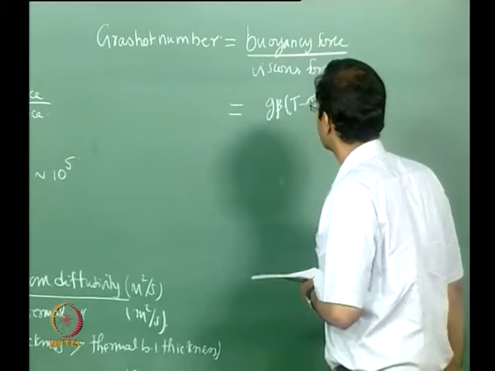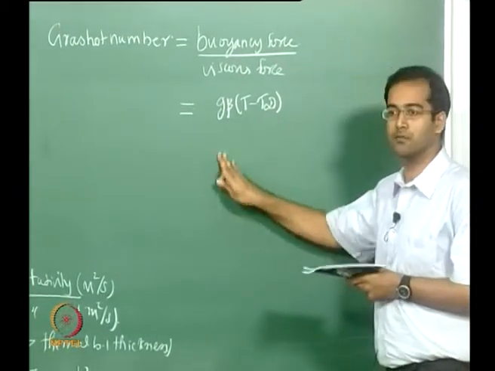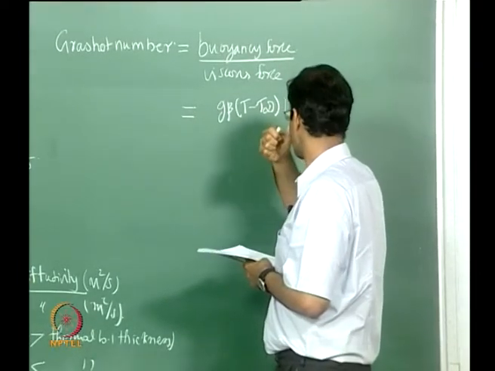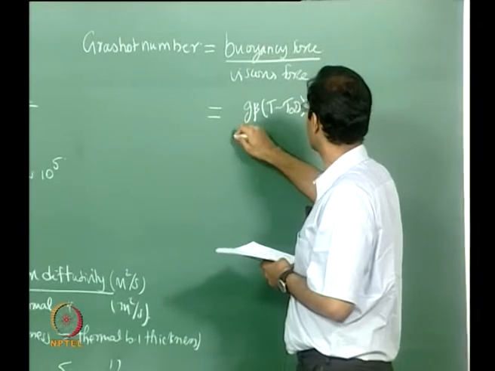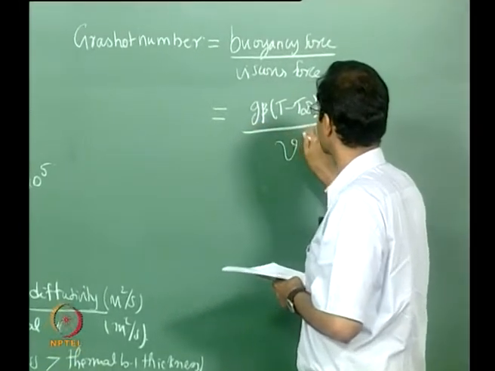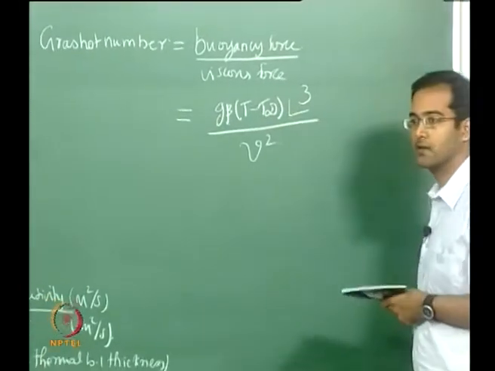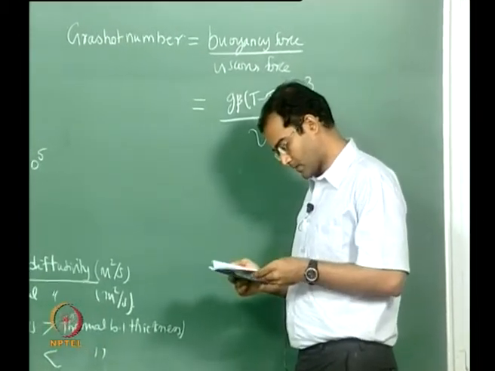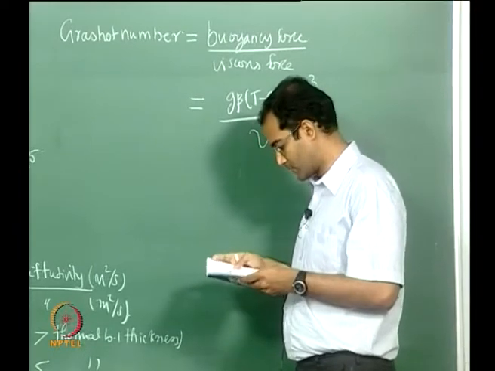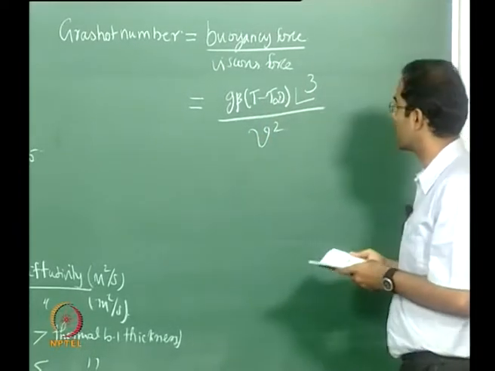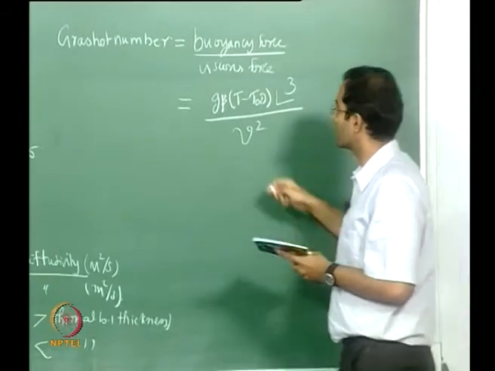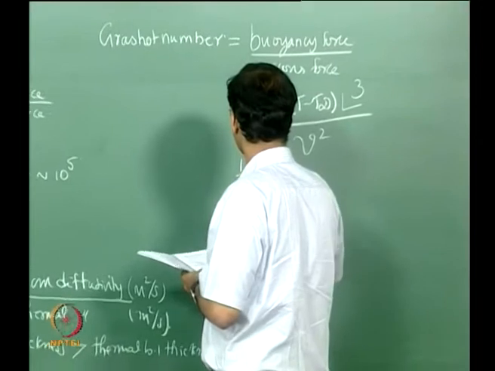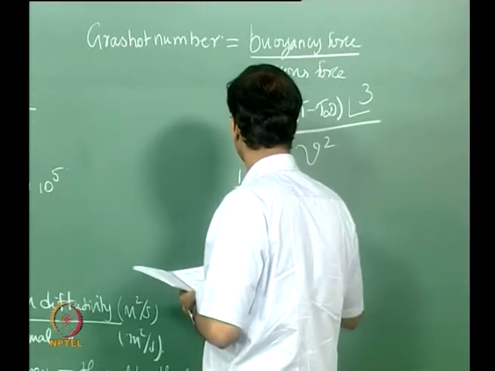This is your force per unit volume. If you want to convert it to force, it will be multiplied by L cube divided by the viscous force, which is nu square. This is the exact way that you calculate your Grashof number once you know the temperature difference and your coefficient of thermal expansion, beta, which is 1 by rho d rho by dT.